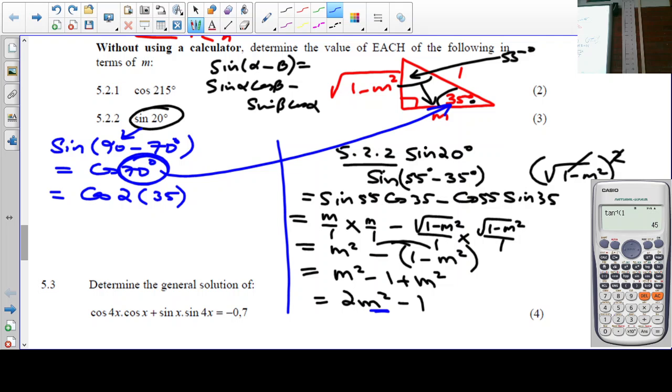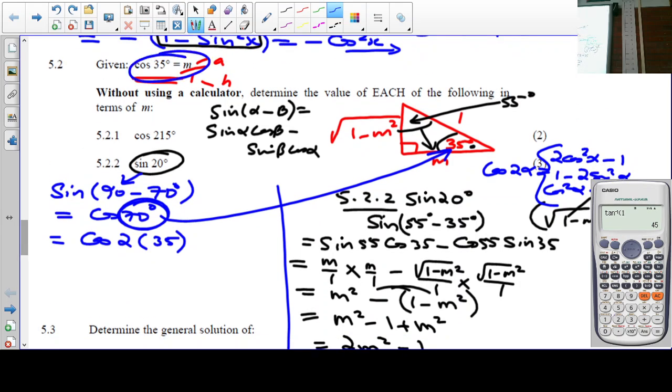What should come to mind is the formula cos twice alpha is 2 cos squared alpha minus 1, or 1 minus 2 sine squared alpha, or cos squared alpha minus sine squared alpha. One of those three. Since cos is given to us, I'm going to go with the first one.